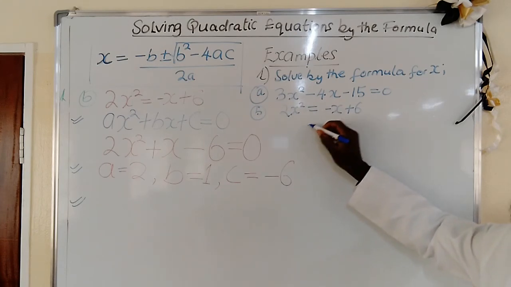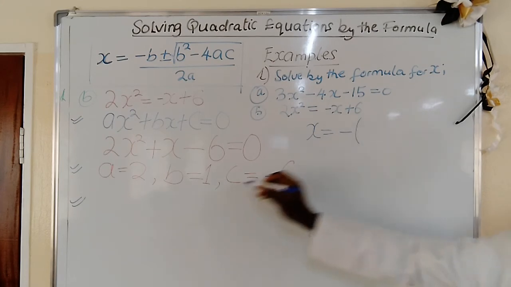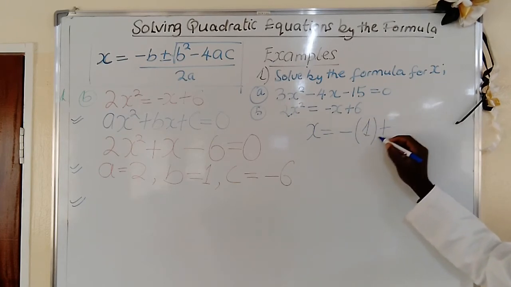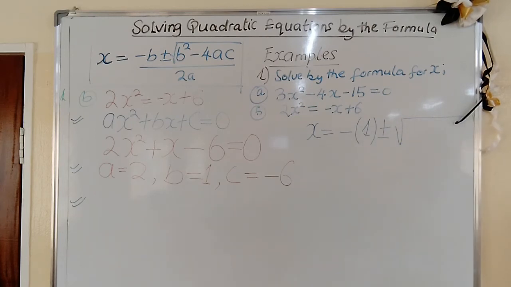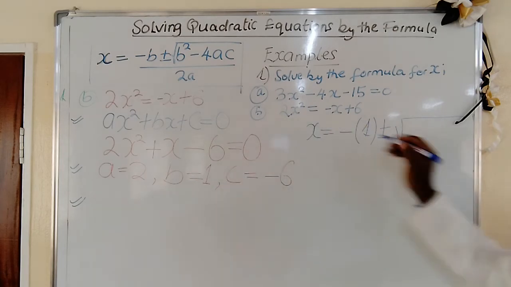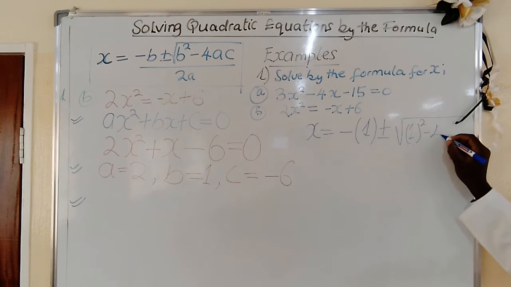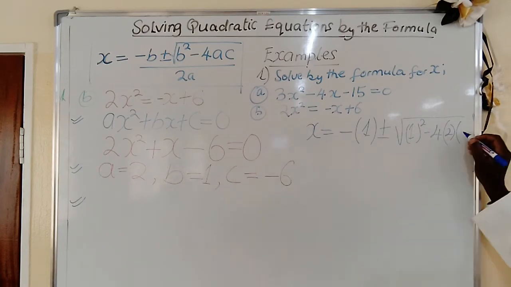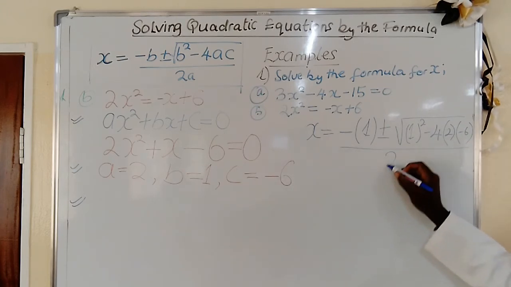So we are going to say x is equal to negative b, which is negative of 1, plus or minus the square root of b squared, so it's 1 squared, minus 4 times a times c, where c is negative 6, everything over 2a.